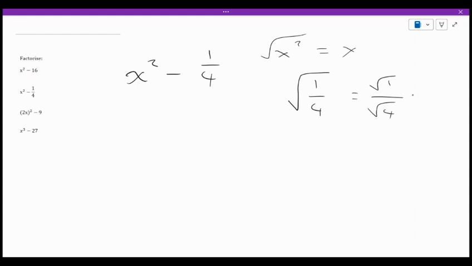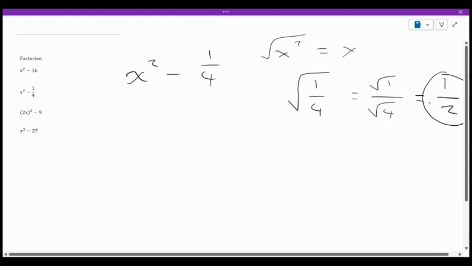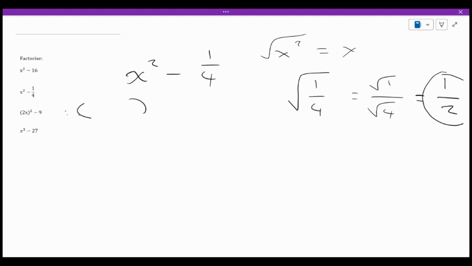The square root of 1 is 1. And the square root of 4 is 2. So a half times a half will give us a quarter. We know that. So let's open up our brackets.